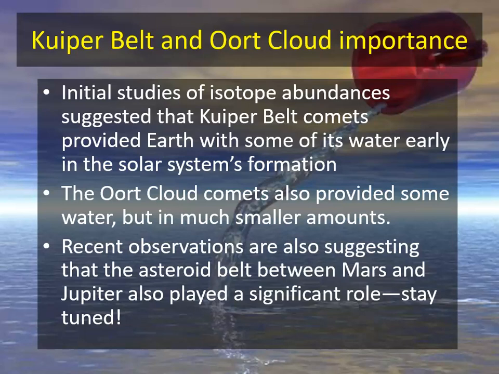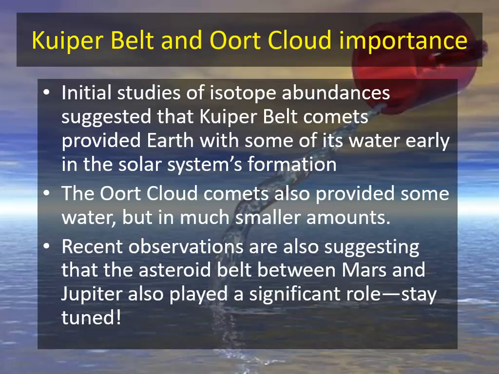In particular, we're talking about the ratio of deuterium, that is, heavy hydrogen in the water, compared with ordinary hydrogen in the water. And we realized that actually a better match comes from the region of the asteroid belt between Mars and Jupiter. So we now currently believe that we probably got our initial water from that region of the asteroid belt between Mars and Jupiter.